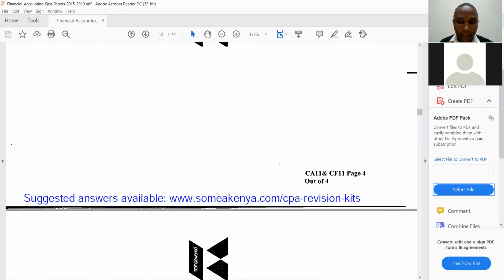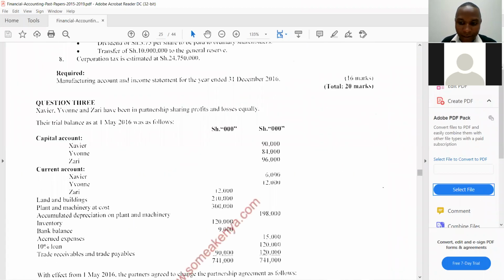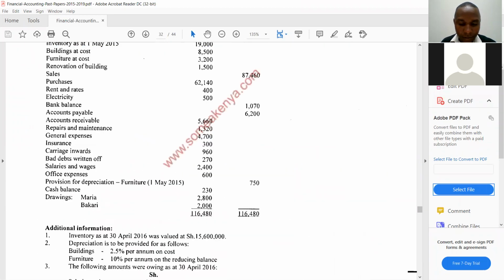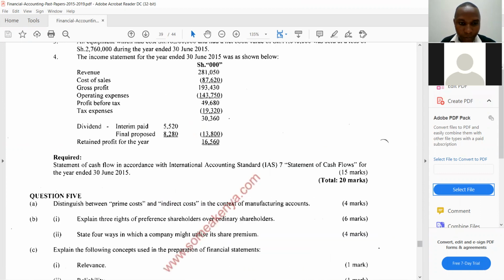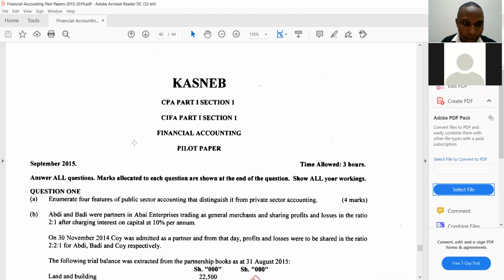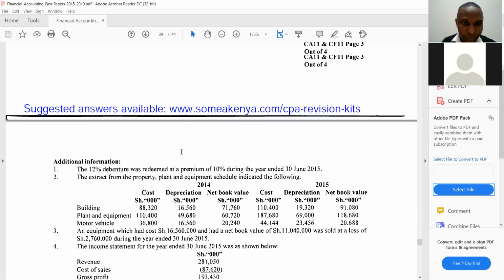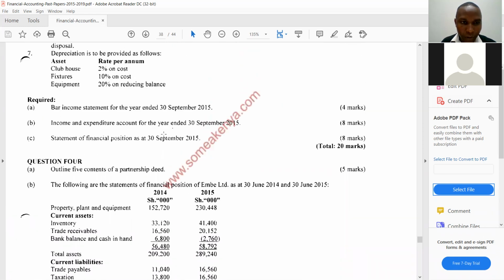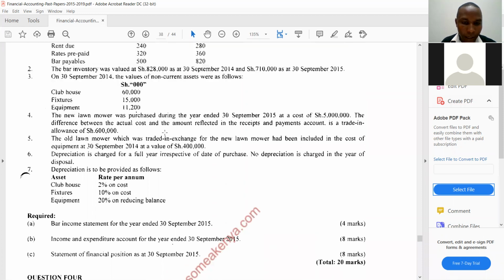The time is running, we have only some few weeks. It was another unit we could have done earlier on, but accounting is so wide. We are remaining only with manufacturing. After this, we will go to manufacturing and do cash flows and company accounts.